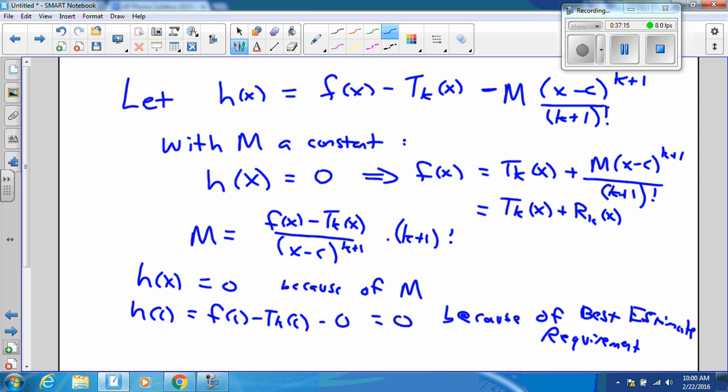Well, what do I have? I have a function that has two values the same, 0. Is my function continuous and differentiable?